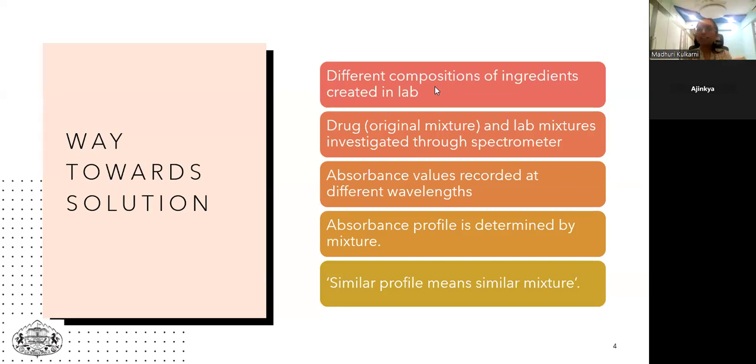For original tablets, we don't know the proportions. So the model developed for lab mixtures is to be used to estimate proportions for the tablets. Let me show you the actual data. I think then the picture will be clearer.